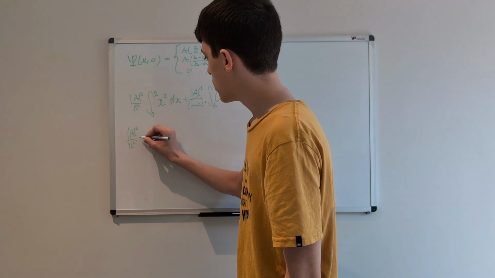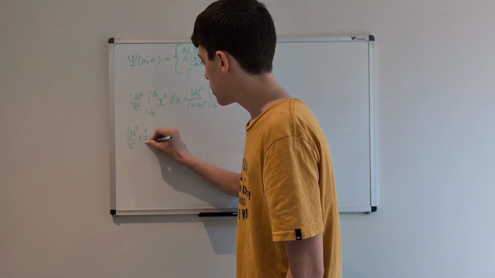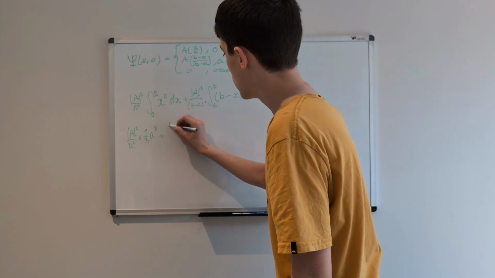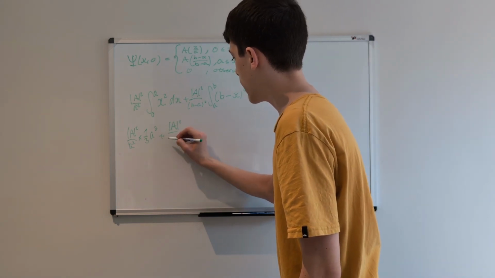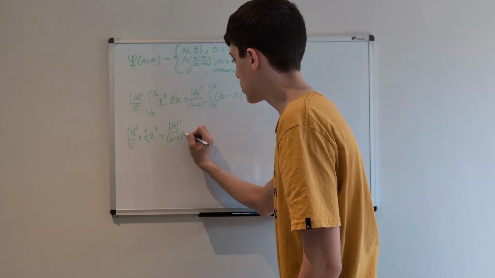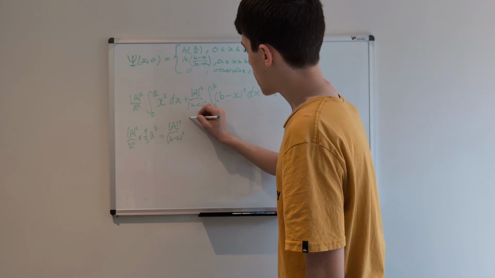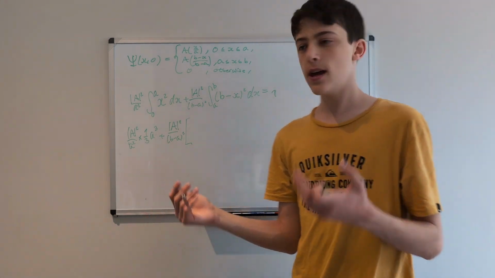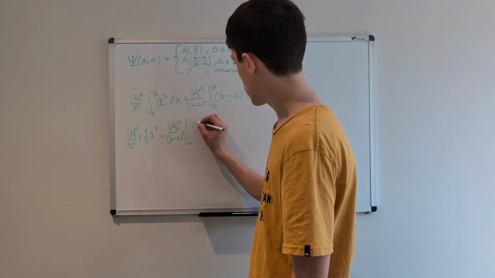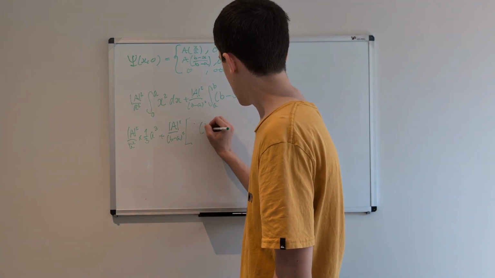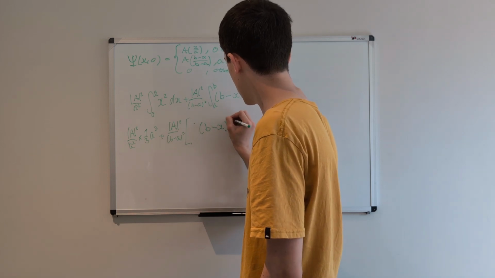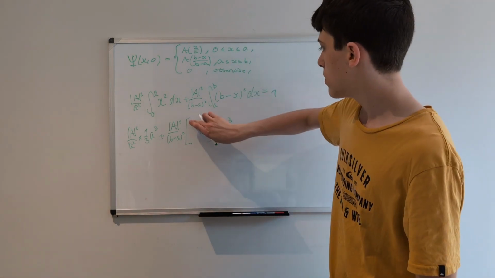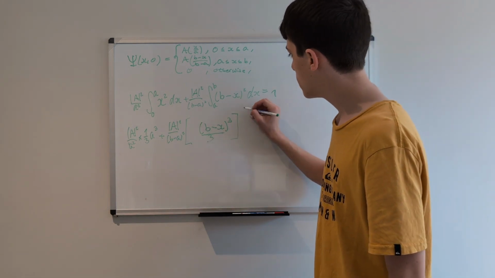So we just do times a third a to the 3, plus the modulus squared of A over (b minus a) squared. And the next bit we're going to evaluate. So this is (b minus x) squared. So the integral of that would just be (b minus x) to the 3 over 3. So this is evaluated between the limits of b and a.